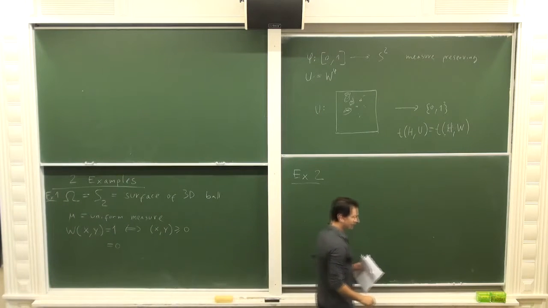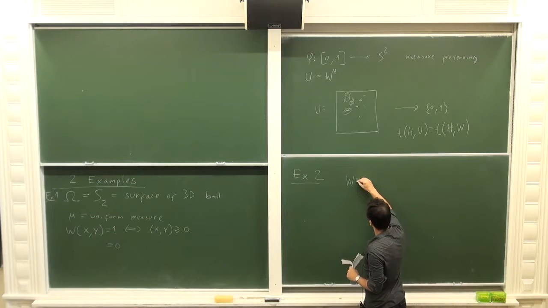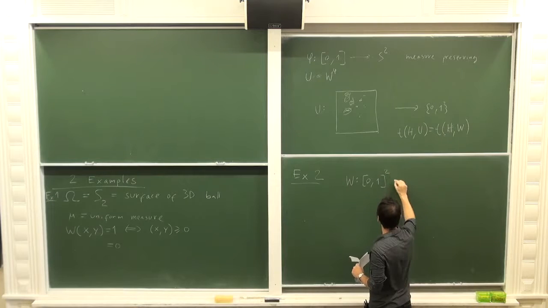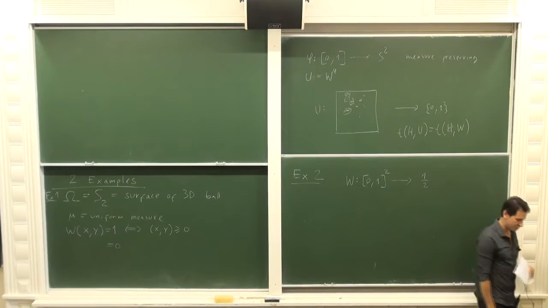We go back to the simplest graphon on Earth, which is just the constant graphon, which takes just the value 1/2.